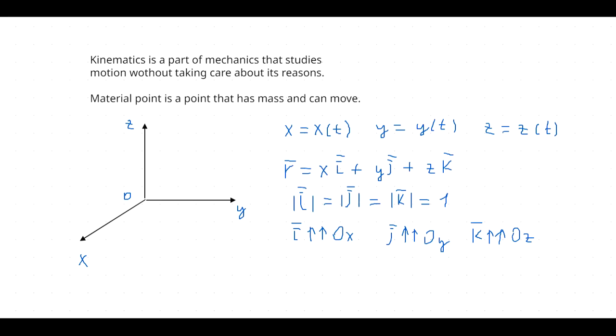For example, we can show this on our picture. So material point M has radius vector r.